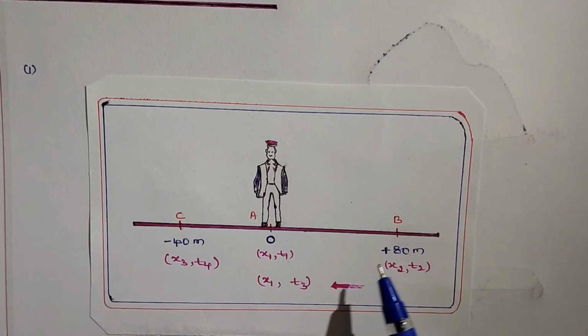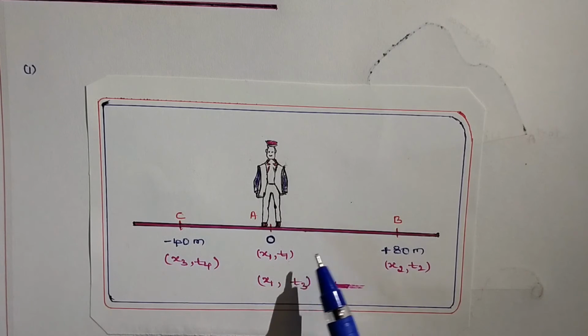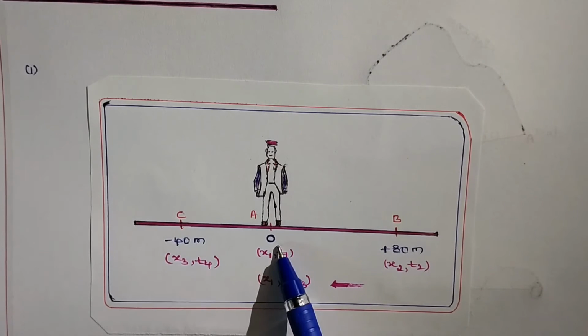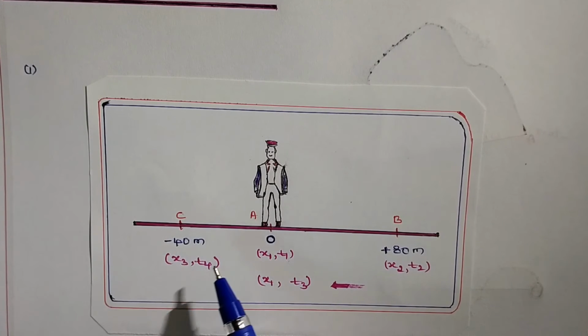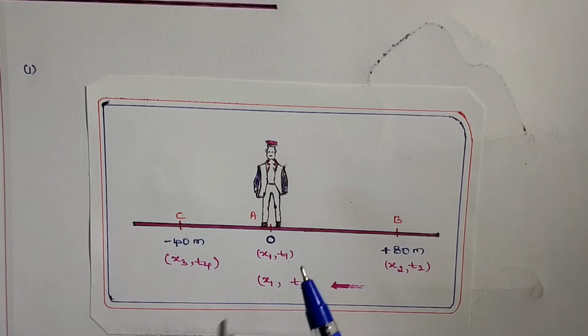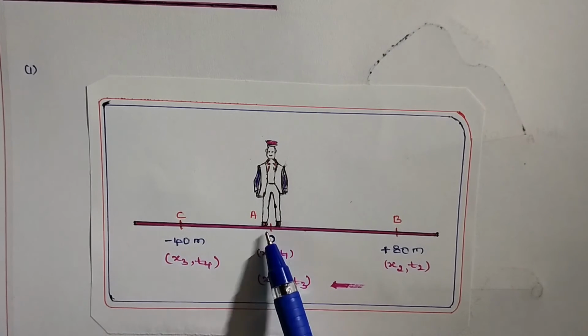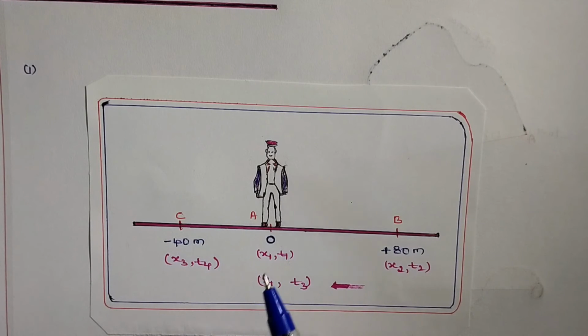If we total all these values, 80 plus 80 plus 40, we get 200 meters. So distance can never be negative. That is why the total distance traveled by this person in this duration of time is 200 meters.